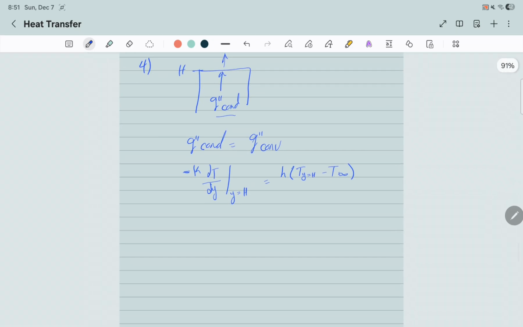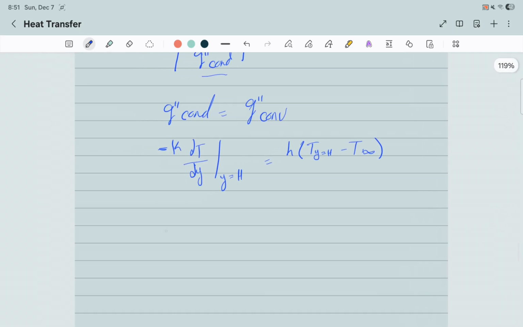And now using these four boundary conditions, we can solve for temperature as a function of x and y.